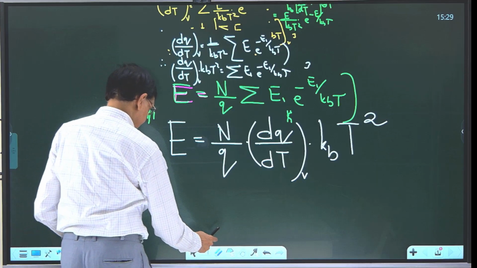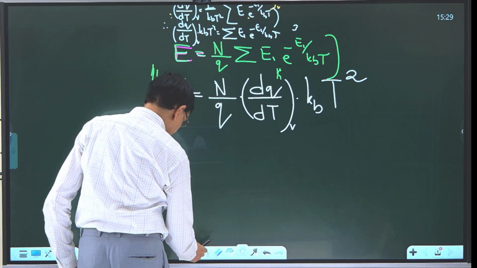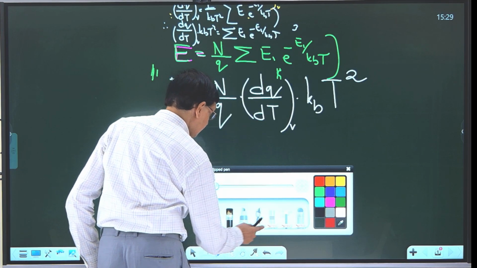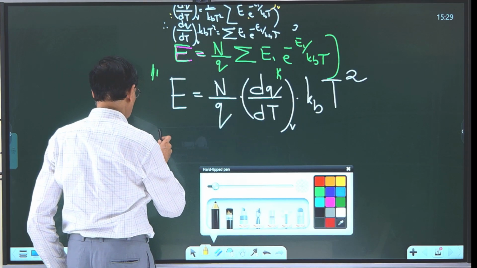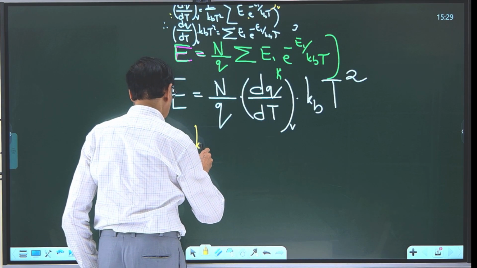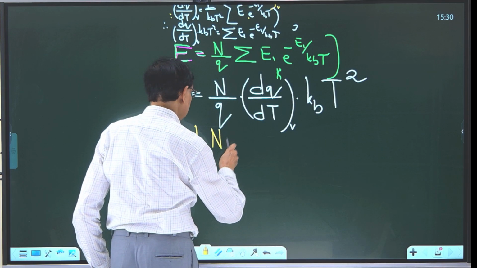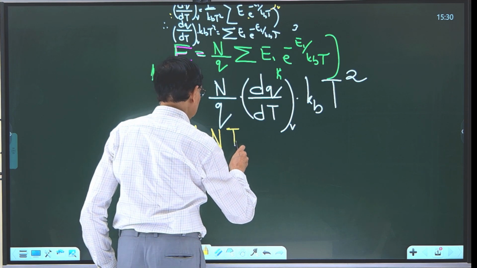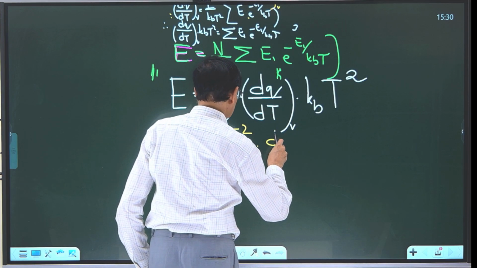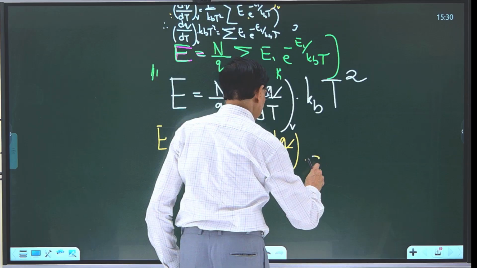Now, so what I will do, देखिए फिर से मैं इसको रीअरेंज करते रहा हूँ। E is equal to KB N, I'm just rearranging this equation, E square DQ Q and DT.